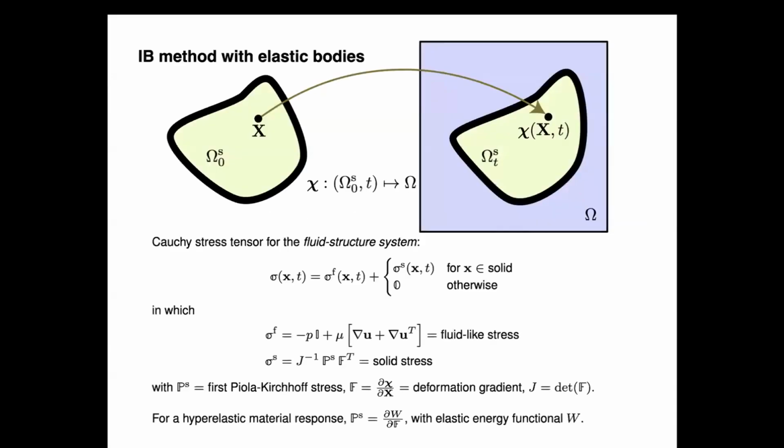So this is the immersed boundary method with immersed elastic bodies. A lot of the notation Aaron conveniently introduced in part 1 of the tutorial, but here we're doing large deformation continuum mechanics kinds of models of the immersed structures.